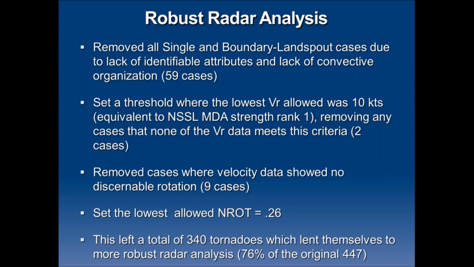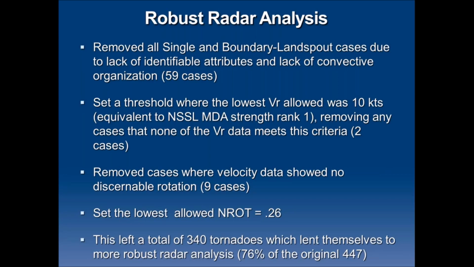We also set a threshold where the lowest rotational velocity that we measured could be 10 knots, which is equivalent to the NSSL MDA strength rank 1. We removed any cases where all the V sub R values didn't meet this criteria. That only resulted in removing 2 cases. Then we removed any cases where the velocity data showed no discernible rotation, and that was 9 cases.